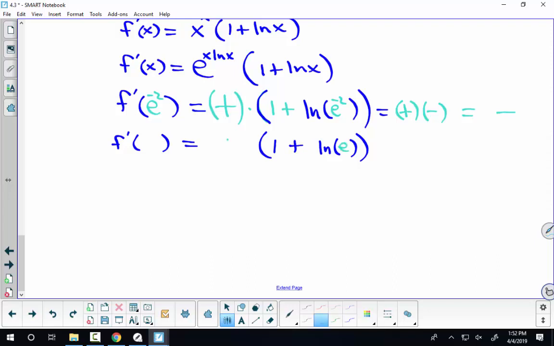If you just want to plug it into your calculator, that's fine too. Sorry, I'm right, this is positive times positive.